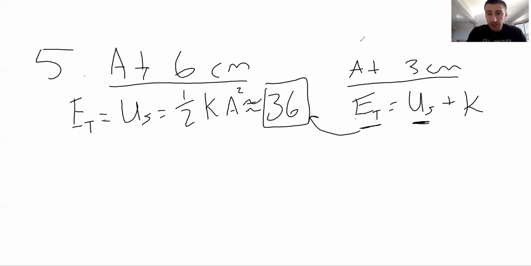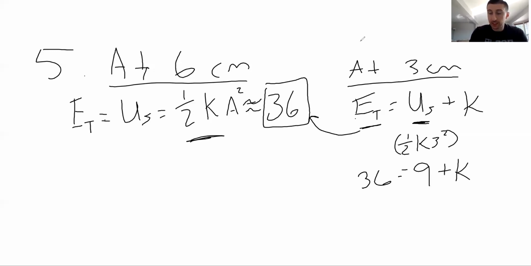So I can do the same thing here. I've got 1/2 k, and my x this time is 3 squared. So what I get here is 9. So I basically get 36 equals 9, because I did the same thing and ignored the k and 1/2 since they were over here already, plus whatever kinetic energy there is.